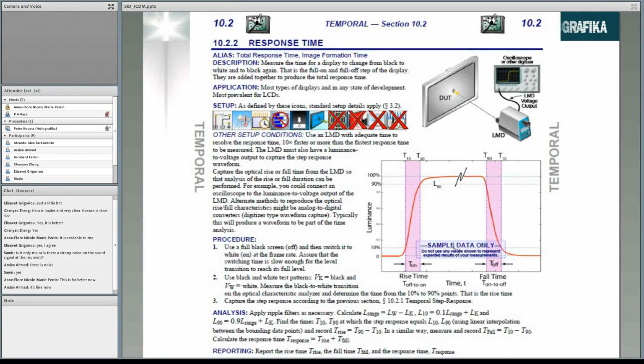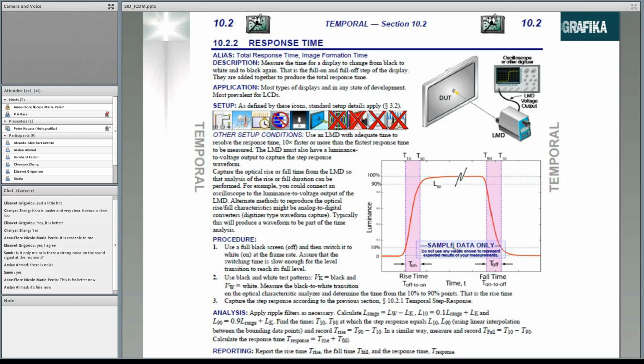Here is another metric which is often quite contradictory, which is response time. Because when manufacturers are quoting response time, they usually tend to forget to mention what they really mean by saying response time. So here it is exactly specified that the response time should represent the rise time and the fall time.